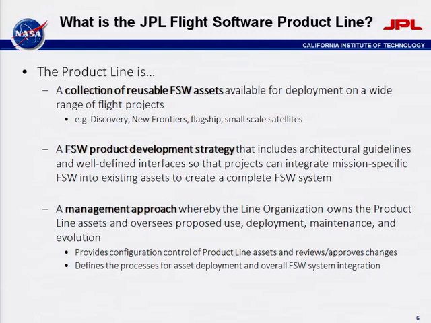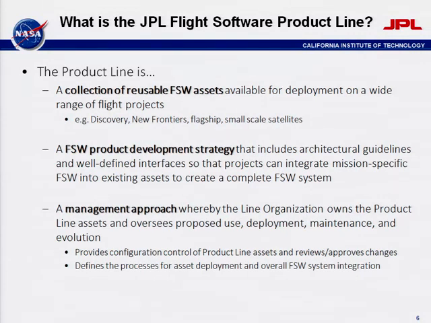But depending on what else you put on top of that chassis, you actually get a different product in the end. So that's the classic example of having a core asset base and then assembling products from that core asset base. So our goal is to target a wide range of missions, from Discovery, New Frontiers, big flagship missions like MSL and Europa, as well as small-scale satellites.